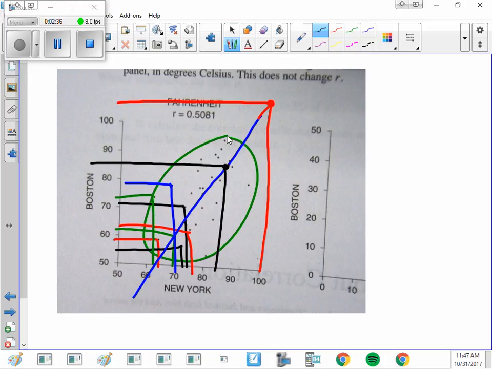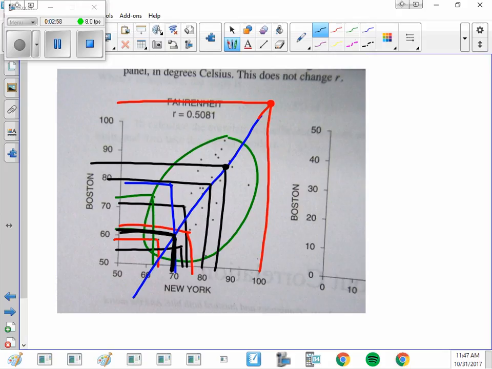Okay. If New York were 70 degrees, Boston would be about 62. So if New York is 80, Boston is 80.